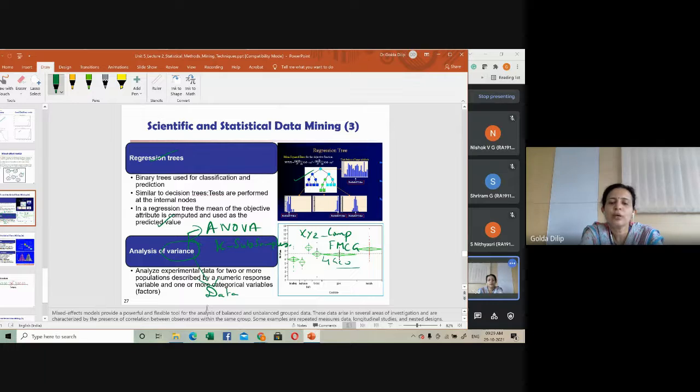Then appropriate marketing strategies can be improved if they see some major deviation in certain cases. That's where in all these cases we go for what is called analysis of variation, or analysis of variance: analysis of variance within the group, analysis of variance between the groups.